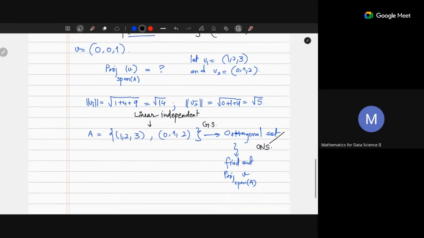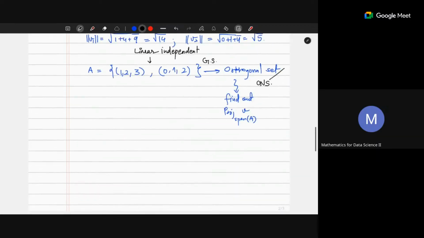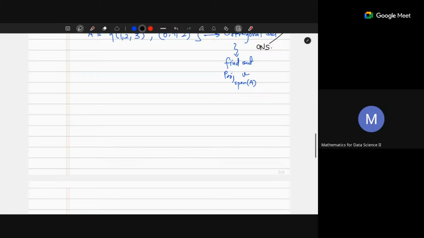So let me first start with an example where you have already been given an orthogonal set. Let's take another example of A, which is 0, 4, 0 and 1, 0, 2, and it will be easier as well.